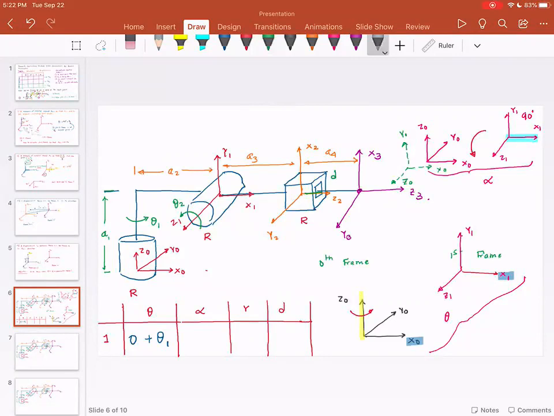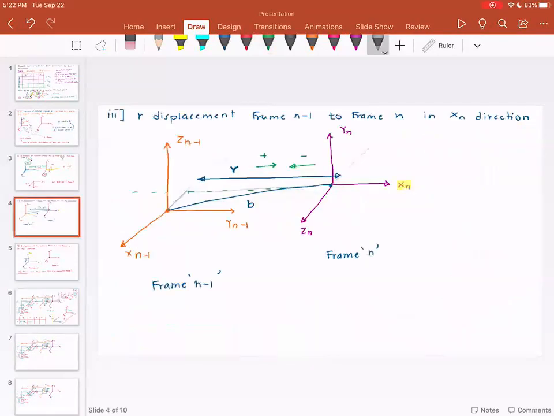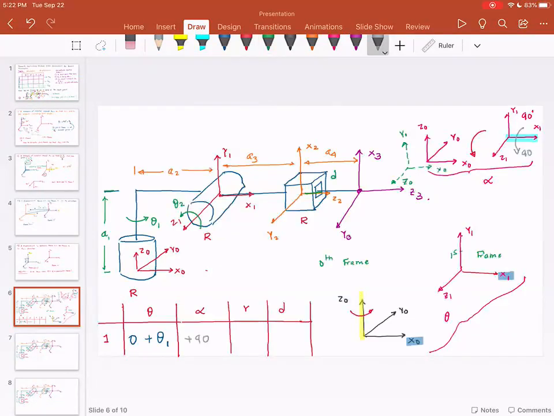So this rotation is 90 degrees plus. So you will have plus 90 degrees. The next thing that we have to find out is the distance r, and look at the rule for r. R is the displacement between n minus 1 and n along xn. So xn distance, and I will try to show it over here.